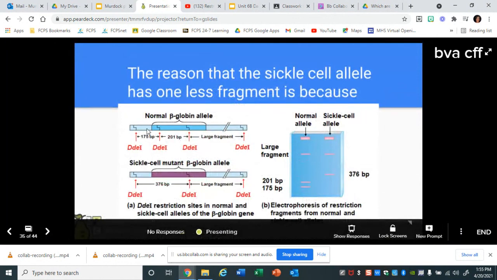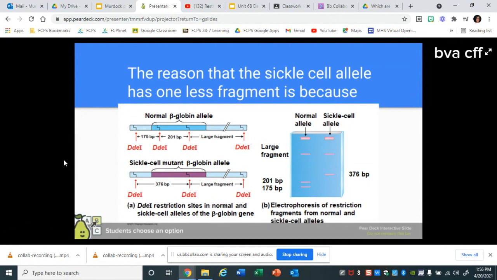So there's 1, 2, 3 fragments from the normal, and there's only 2 for the mutant because of that mutation right there. It ruins the restriction site that the DdeI is looking for.